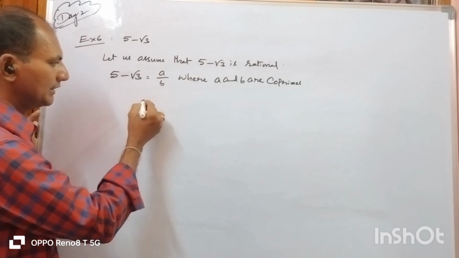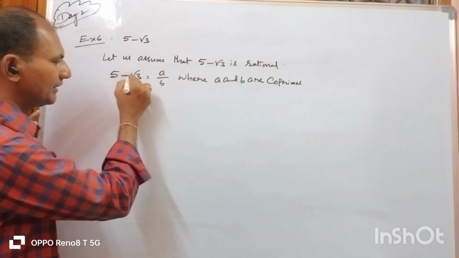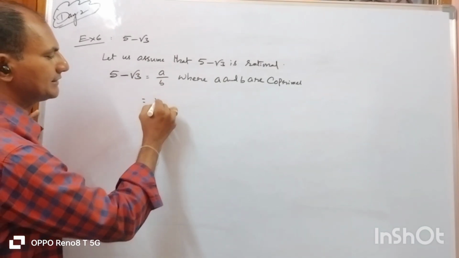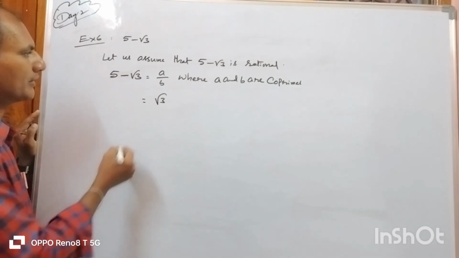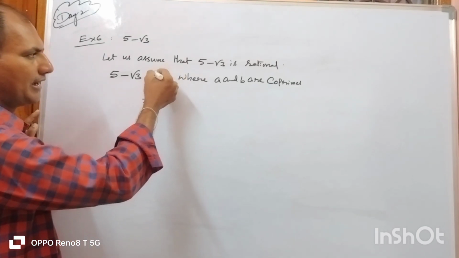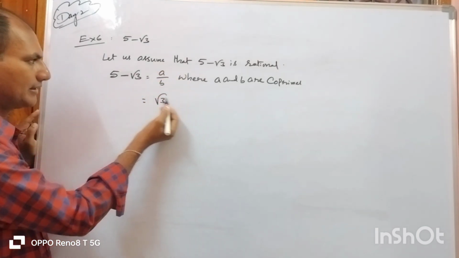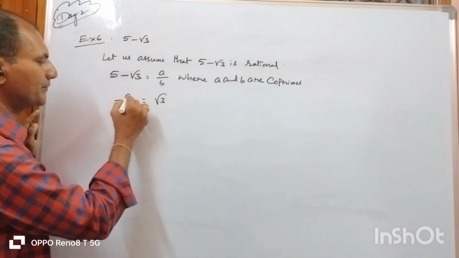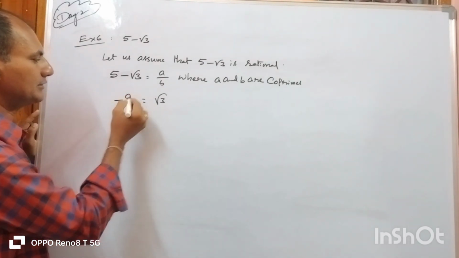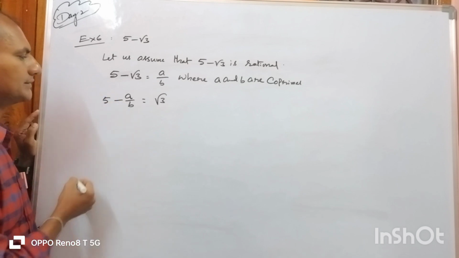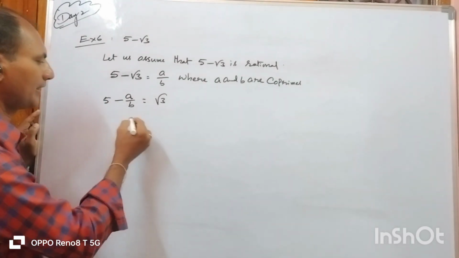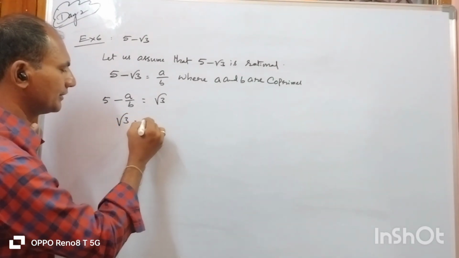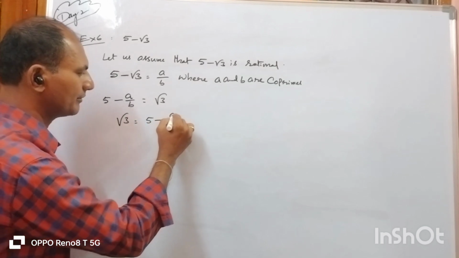So this root 3, minus root 3, right? Come to this side. Whichever has a plus sign on the RHS, when it comes to the LHS will get negative, so minus a by b. This 5 is already there. So 5 minus a by b means root 3 equals, I'll write like this, a by b.